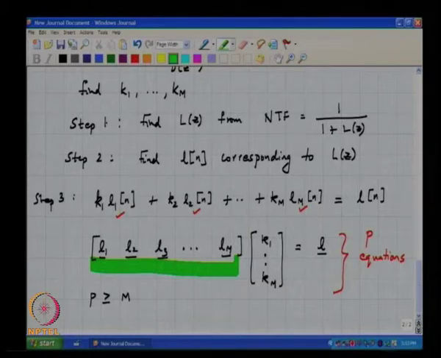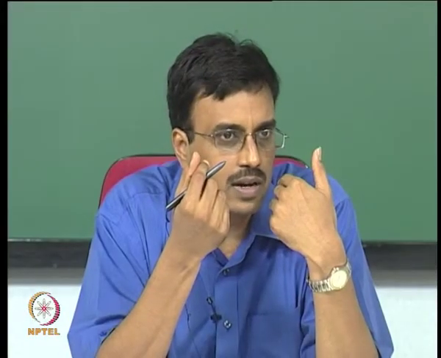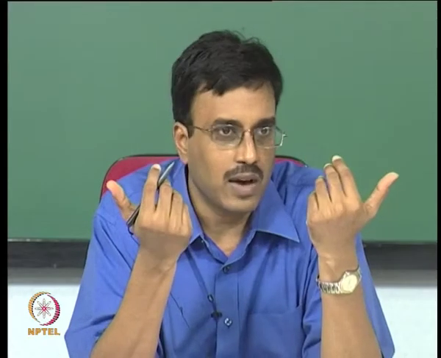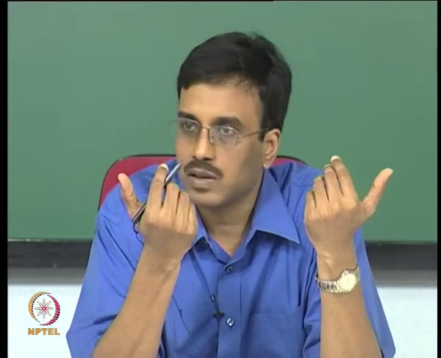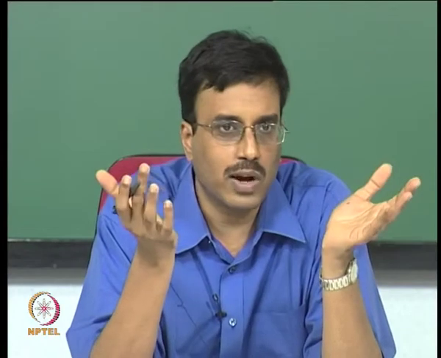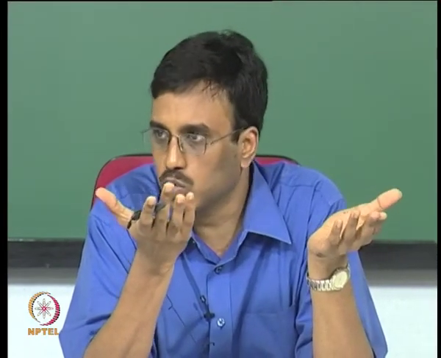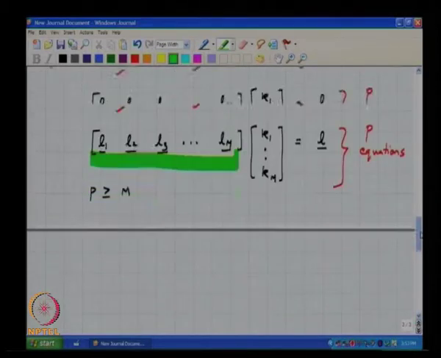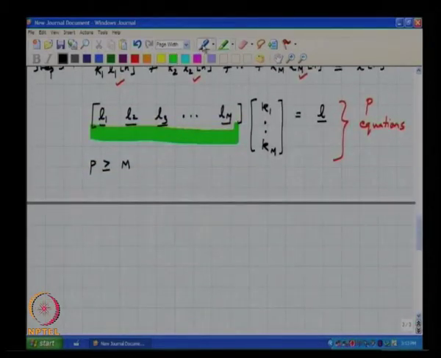And you will find that depending on the choice of equations that you use, you will get different values for k1 through km, and then you are at a loss as to figure out which values of k1 through km to use. Is this clear? Anyway, for the time being, let us not worry about that situation.